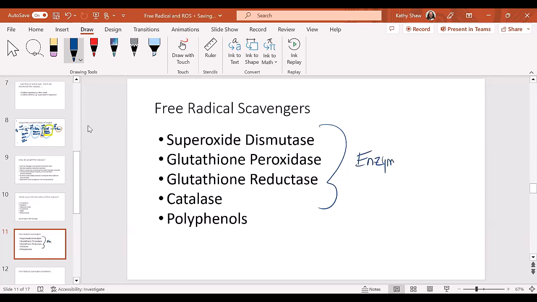And remember, with our enzymes, we were talking about our enzymes that needed certain vitamins, minerals, things like that. That will come into this story. We'll talk about superoxide dismutase in a minute. We might see it in the cytoplasm. So cytosolic superoxide dismutase needs copper. We might see it in the mitochondria.